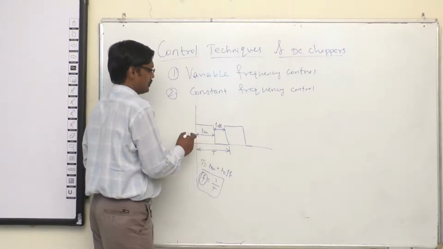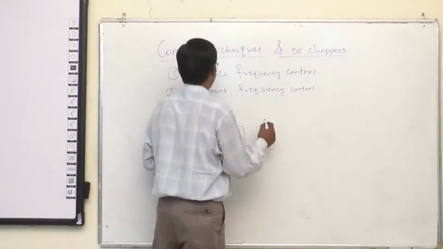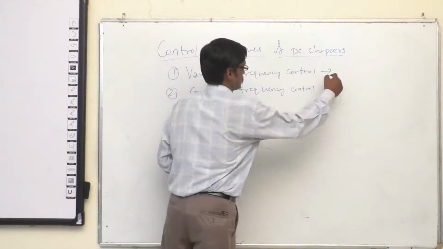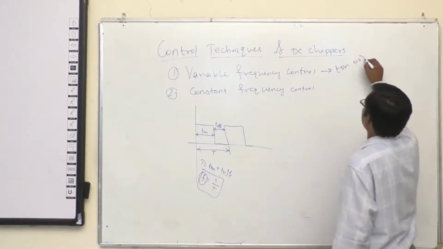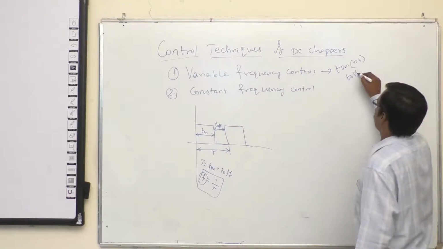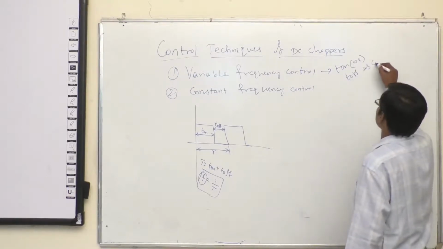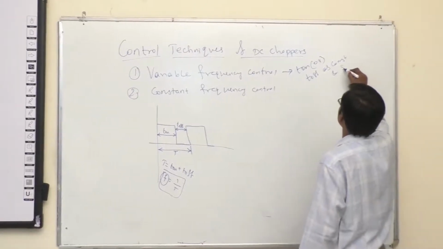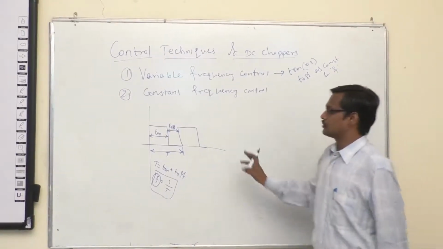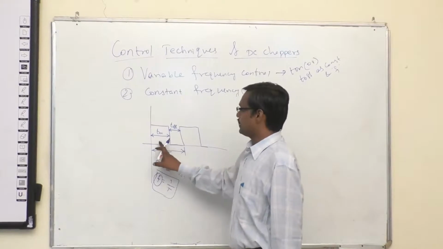For the first method, we can keep either T on or T off constant and vary the frequency F, so that we can vary the duty ratio.